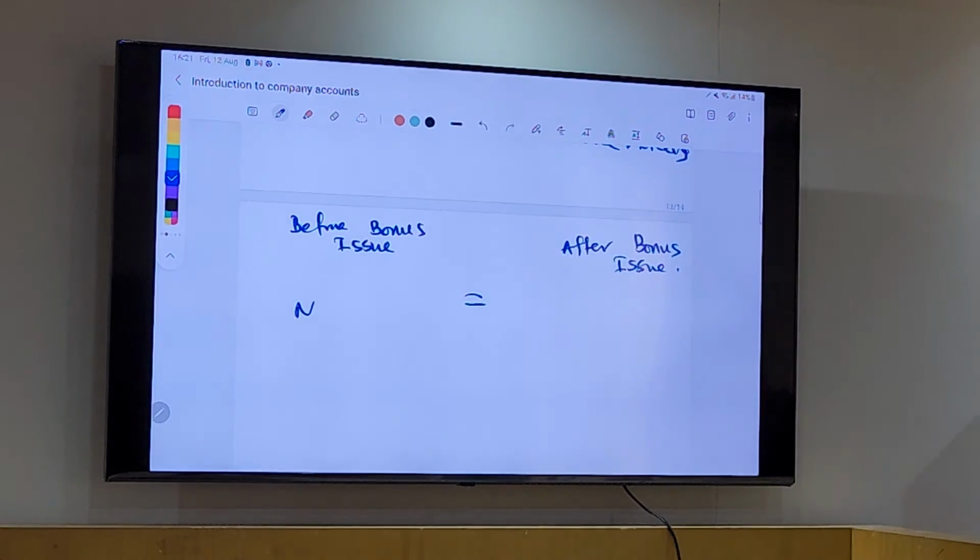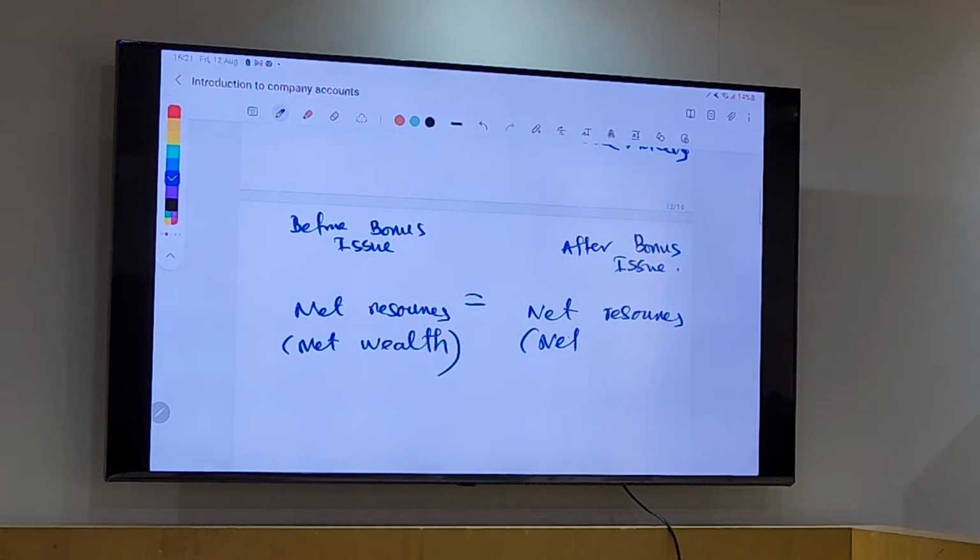No. So the net resources before, or I will also say net wealth before bonus issue will be equal to net resources or net wealth after bonus issue.